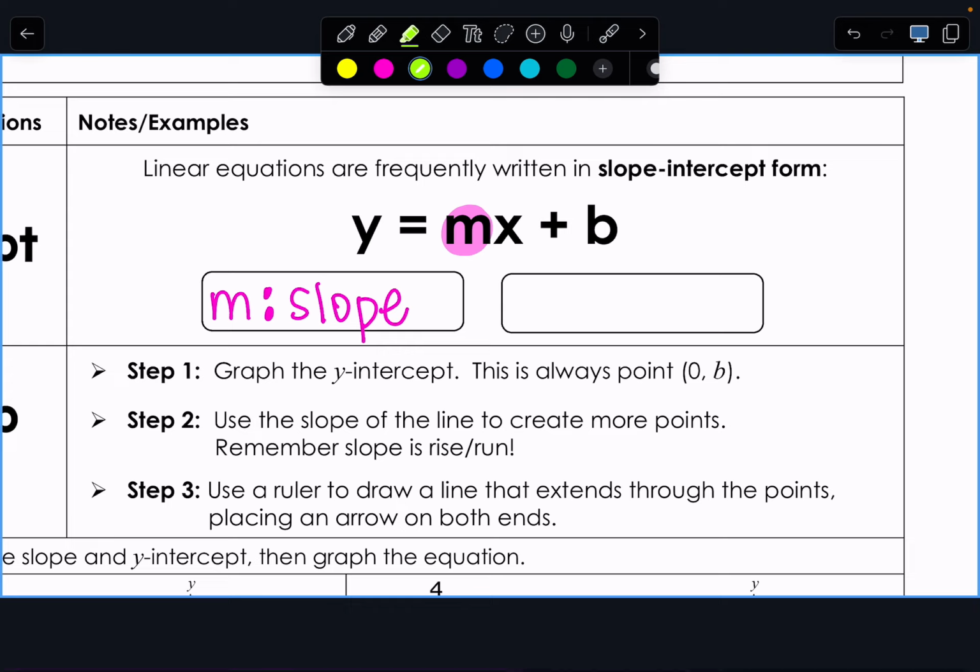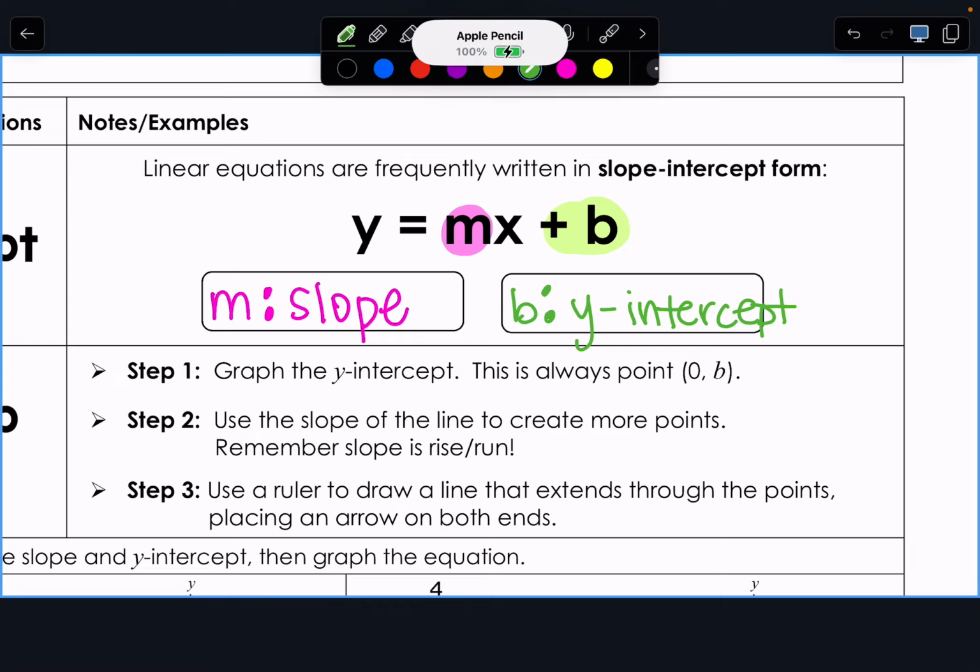B is what we call the y-intercept. That's a weird word. The y-intercept. So this is called slope-intercept form because we look at it and we can find the slope and we can find the intercept.